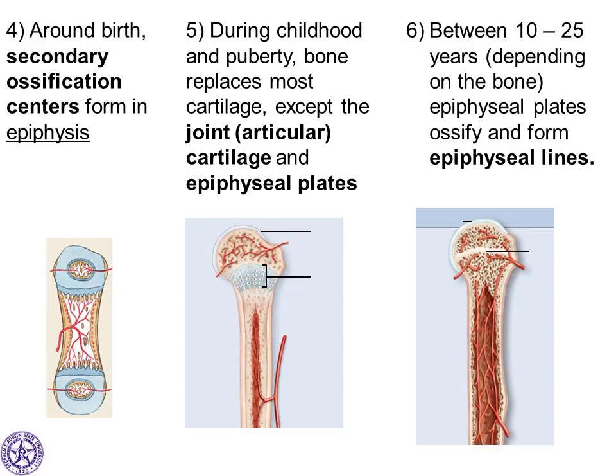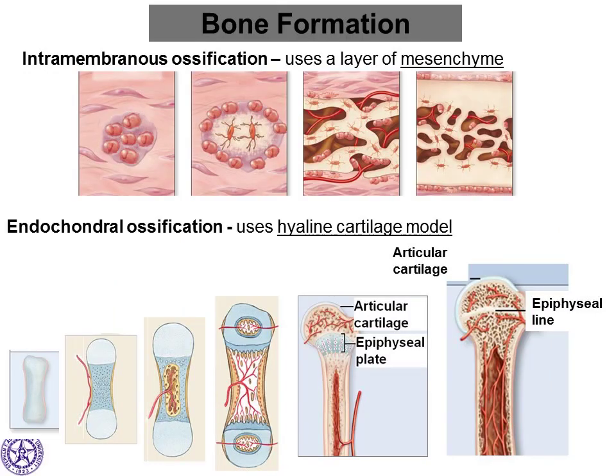All right? So, we want our skeleton to grow, our entire skeleton. You've got to have both. Intramembranous, within the mesenchymal membrane. Endochondral, within our hyaline cartilage template, as the bone outpaces and takes over the cartilage.